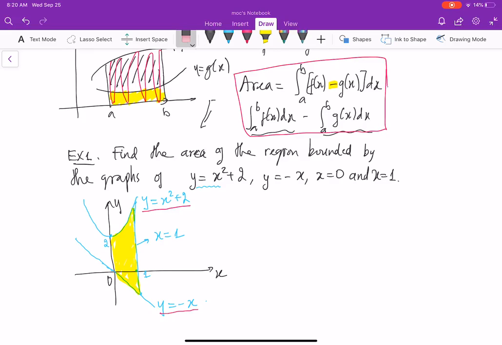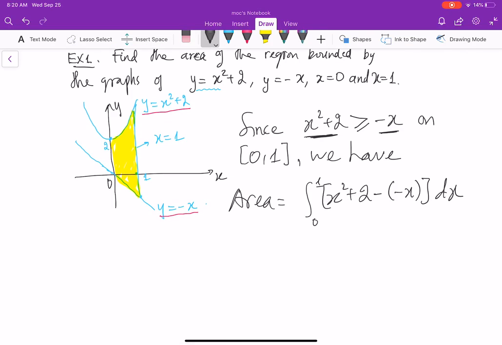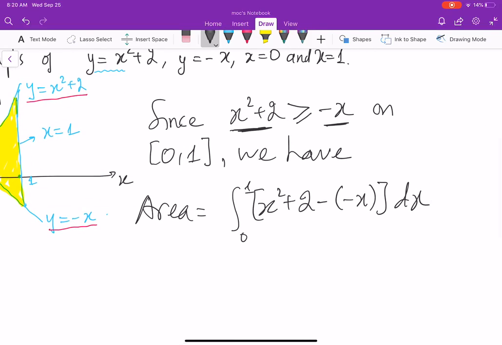So I write, since x squared plus 2 is greater than or equal to negative x on 0 and 1, the graph of this function is above the graph of this one, we have the area equal to the integral from 0 to 1 of x squared plus 2 minus negative x dx. So minus negative x, minus g of x. So we can evaluate this integral easily using the power rule. So I have x squared here.